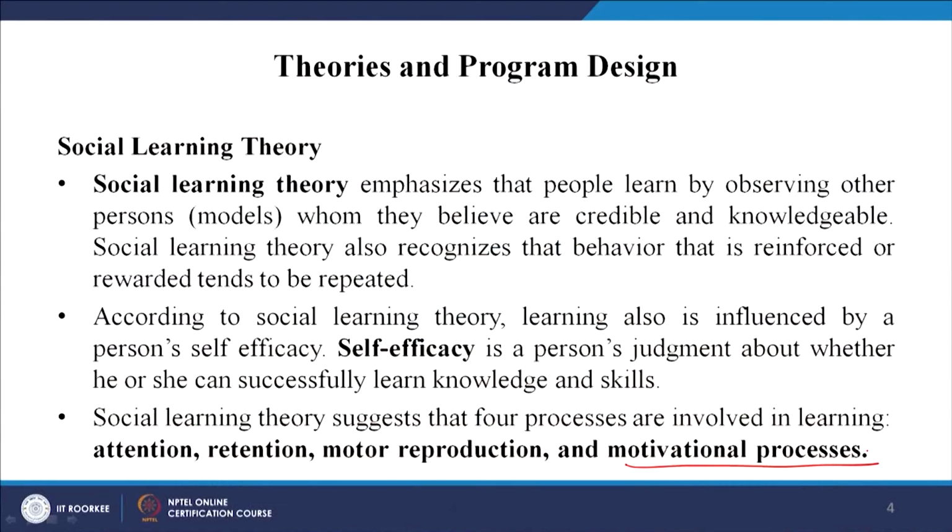These motivational processes decide whether the reproduction will be there or not. Many things in childhood we are not able to reproduce, but whatever we liked, whatever motivated us, that reproduction is always there.